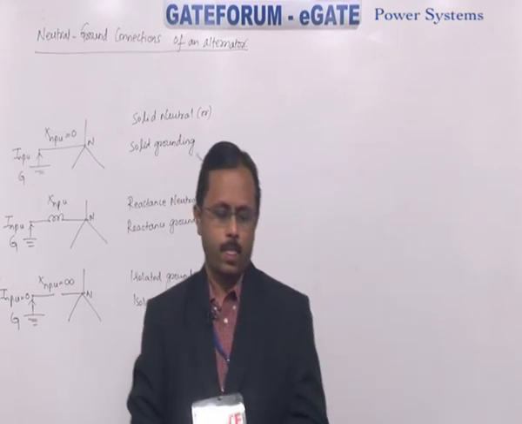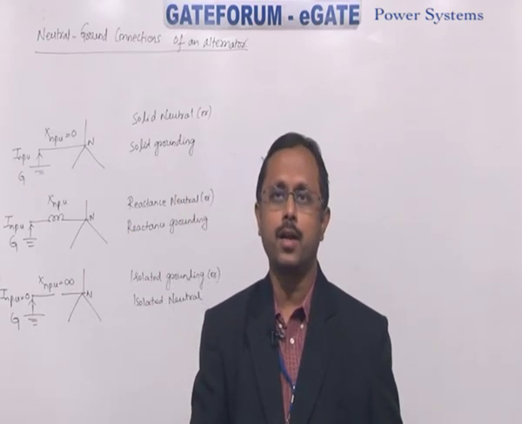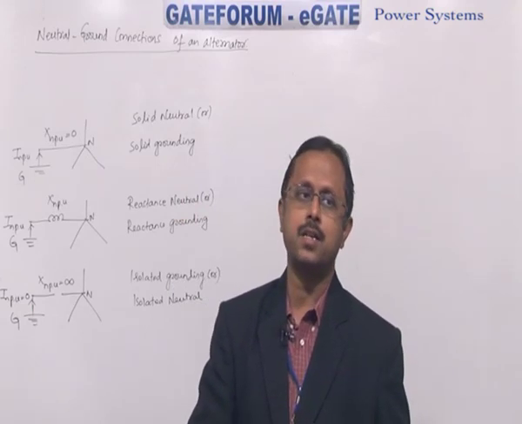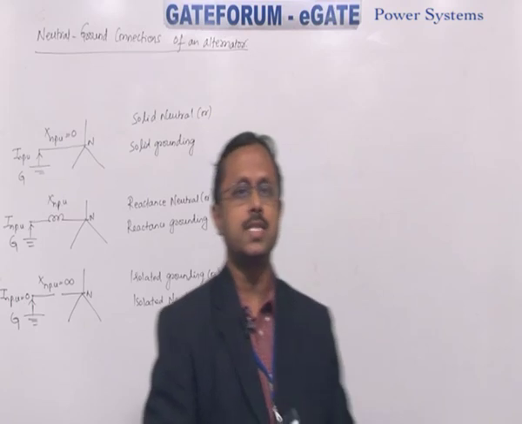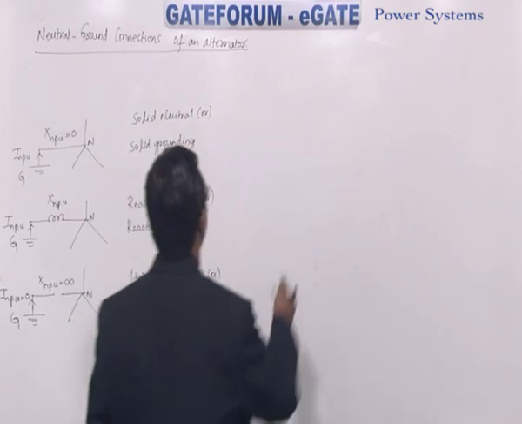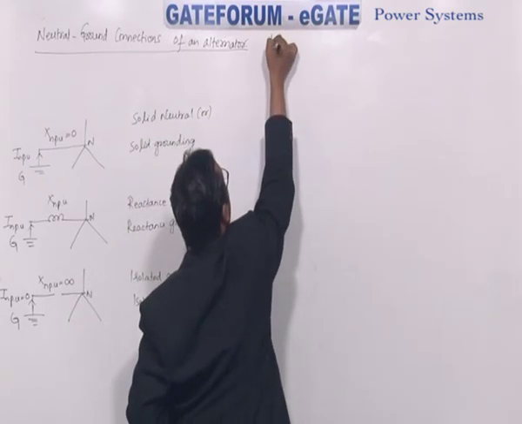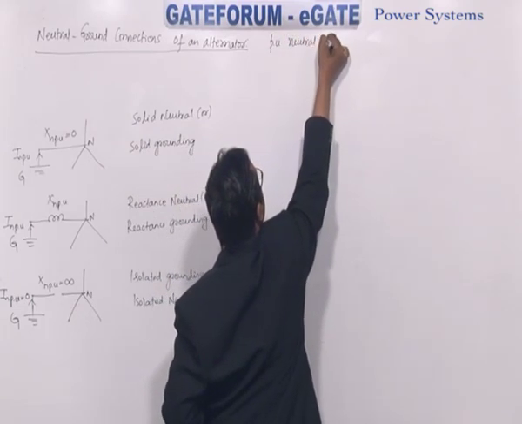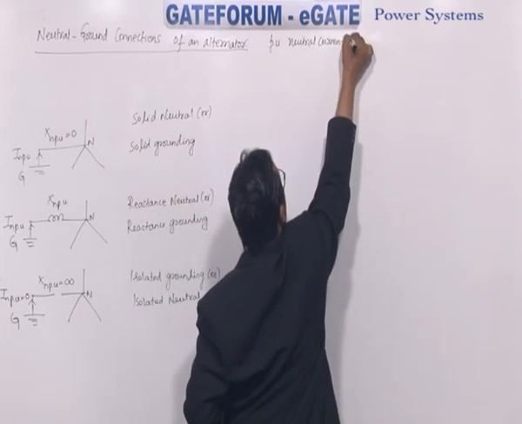Now we check what is the per unit neutral current. First case 1 balanced conditions, case 2 unbalanced conditions.